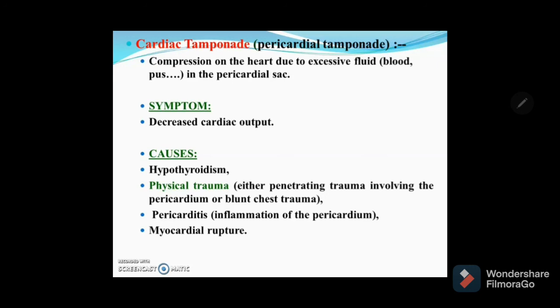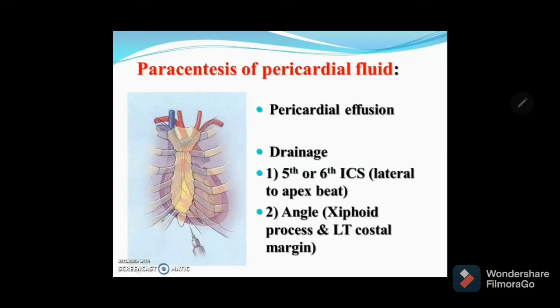There will be decreased cardiac output, and primary causes are physical trauma, especially in road traffic accidents. The steering injury, when the chest compresses on the steering in case of head-on collisions. It may happen also in hypothyroidism, pericarditis, and myocardial rupture. So there will be collection of blood in the pericardial cavity, compressing the heart from contracting, resulting in less cardiac output.